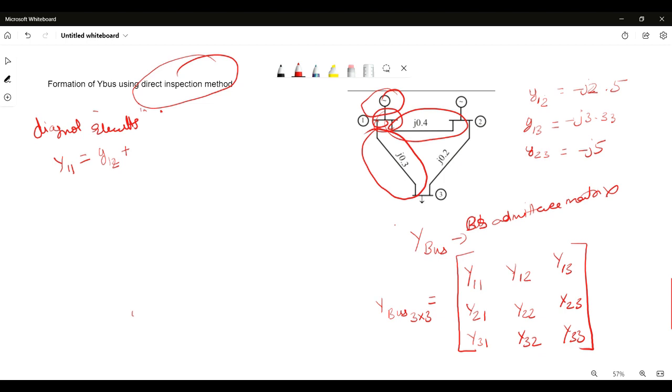We already have the values of Y12 and Y13, so we have to substitute these values.